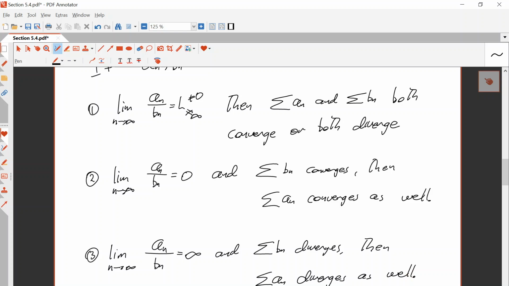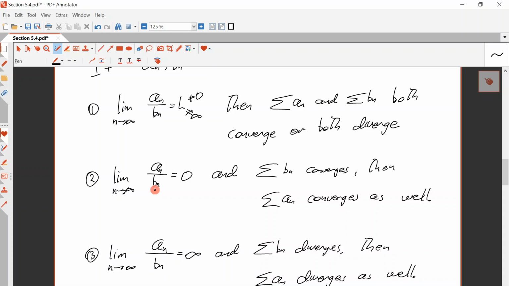Okay, so there are 3 types of ratios here. A ratio that converges to something other than 0 and infinity, a ratio that converges to 0, and a ratio that converges to infinity. When the limit is not 0 and not infinity, then both series converge or both diverge.